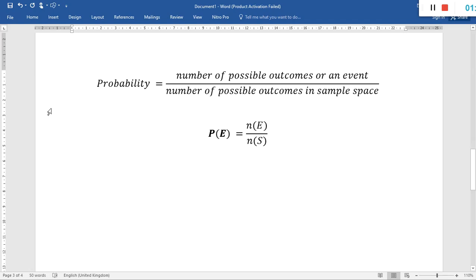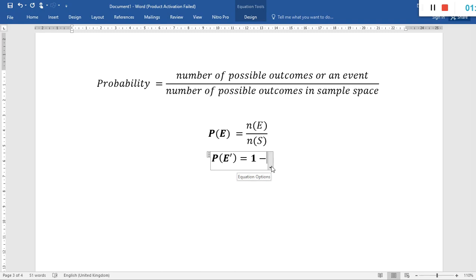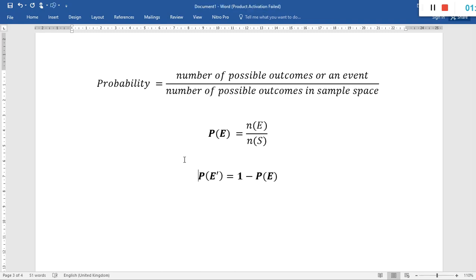Now, how do we arrive at 1 minus P(E)? Let's walk back from here. So this is the probability of the event happening, but let's come to the probability of the event not happening. We're going to denote this with E prime. E prime is the complement of E, which means everything in the set outside E. So P(E prime) is simply the probability of E not happening.